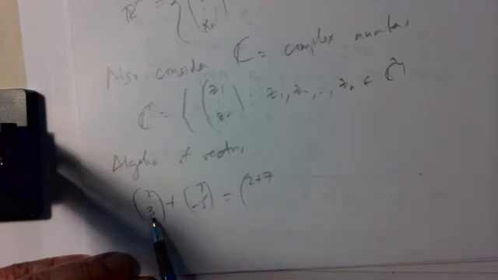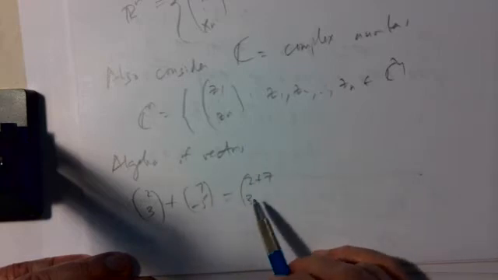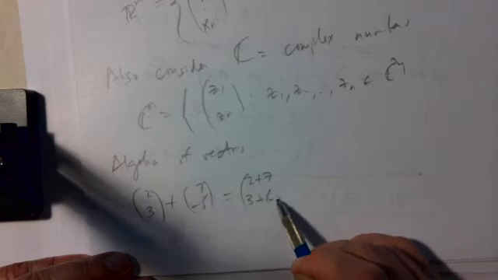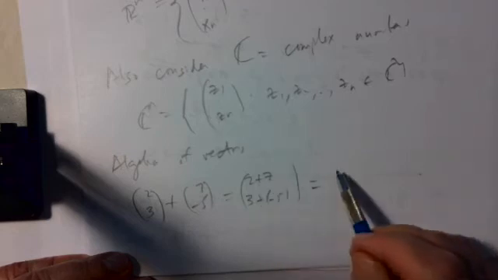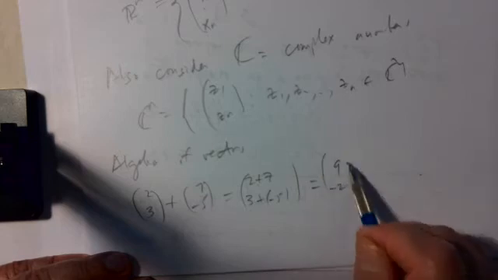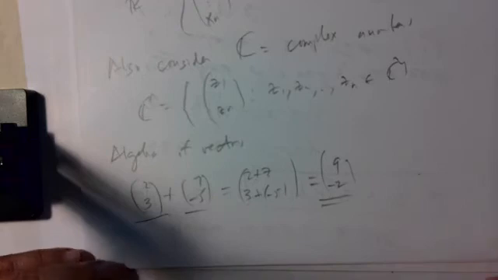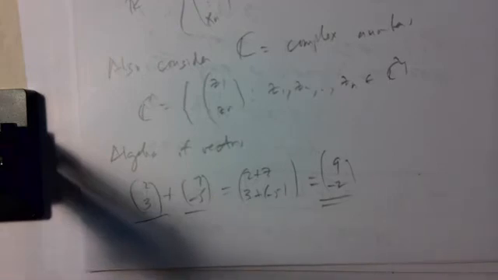Here the second coordinate is 3, and here the second coordinate is minus 5, so you get 3 plus minus 5. 2 plus 7 is 9. 3 minus 5 is minus 2. So the sum of these two vectors is this. Okay? Any questions about this?